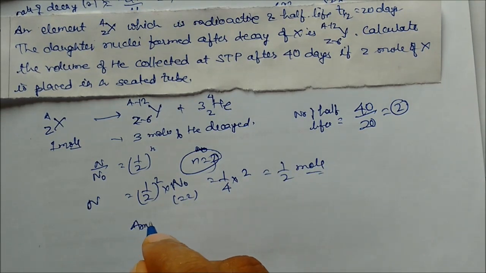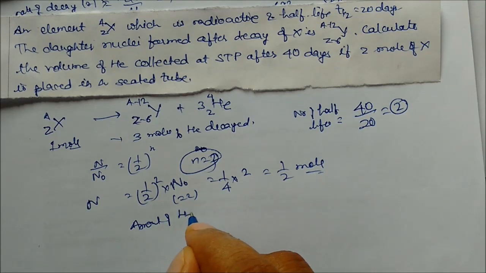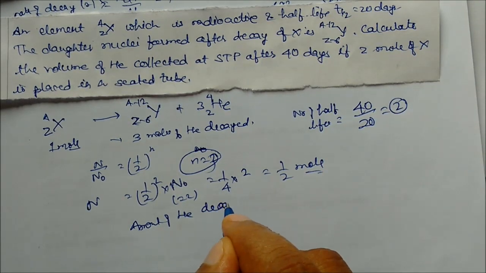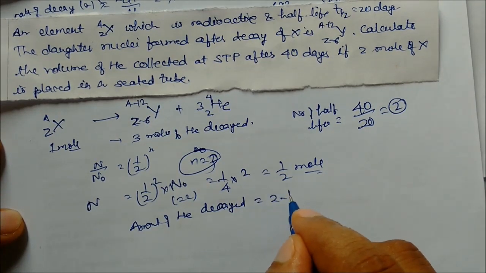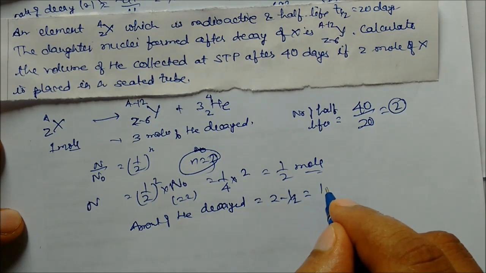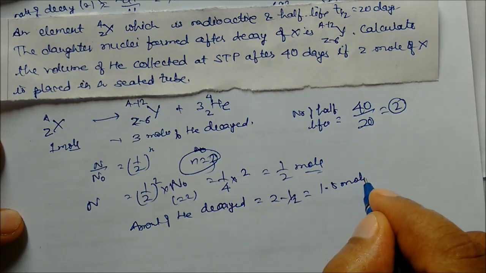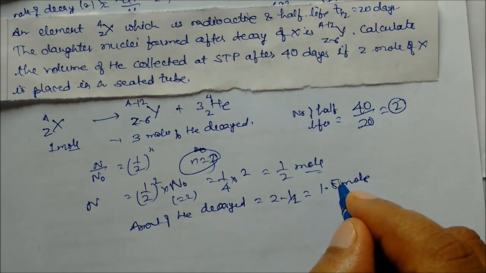So the amount of X decayed will be 2 minus half mole, so this will be 1.5 mole. This is converted into gas.